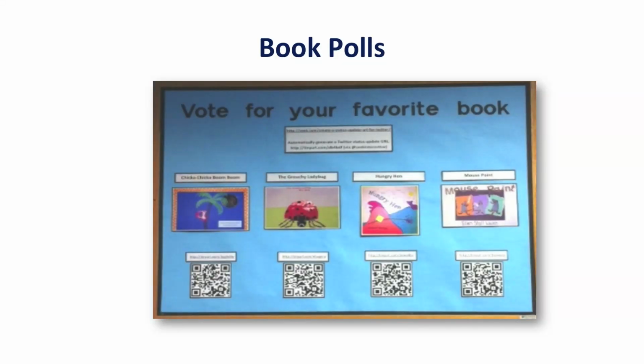Sometimes libraries conduct different book polls. If books are put up for voting for a favorite book by the users, it is very easy using QR codes. For example, you can see on this slide, book polls with four titles given. At the bottom of each title there is a QR code placed. Users simply vote for whichever they like.